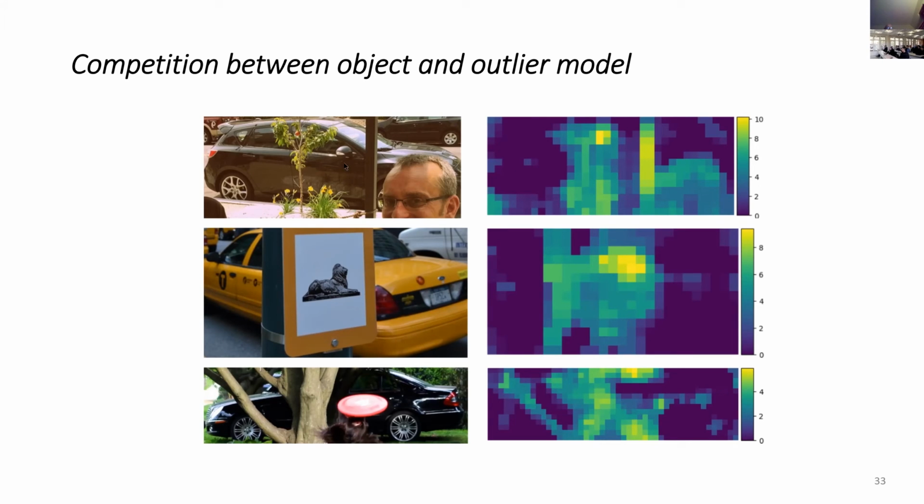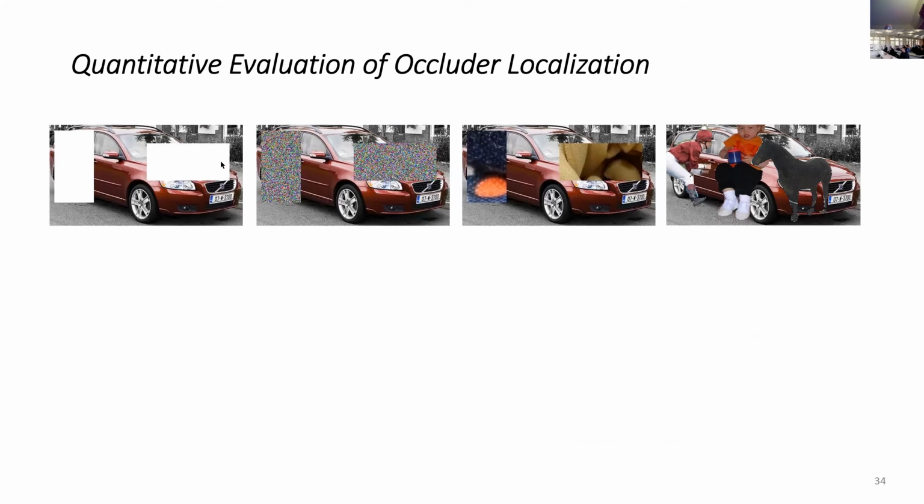So you have an algorithm that is not just robust to occluders, but can roughly locate where they are. Similarly, for this image, you are able to localize the occluders while detecting the objects at the same time.